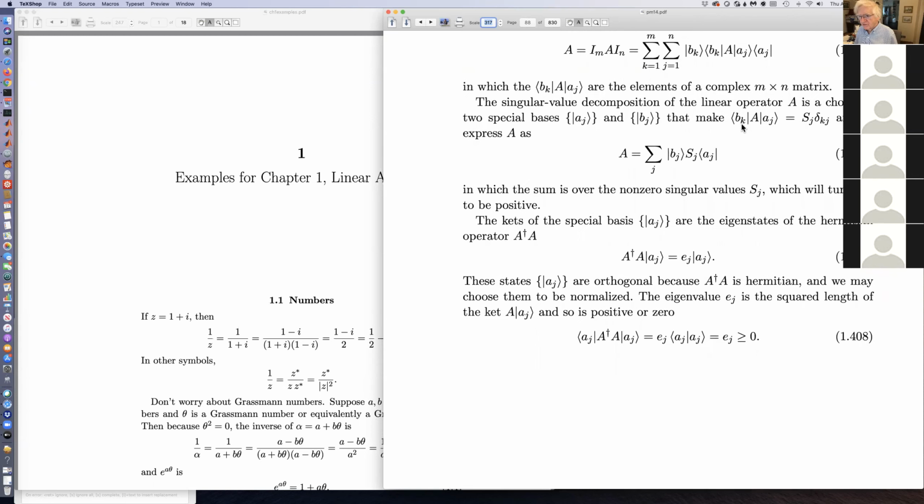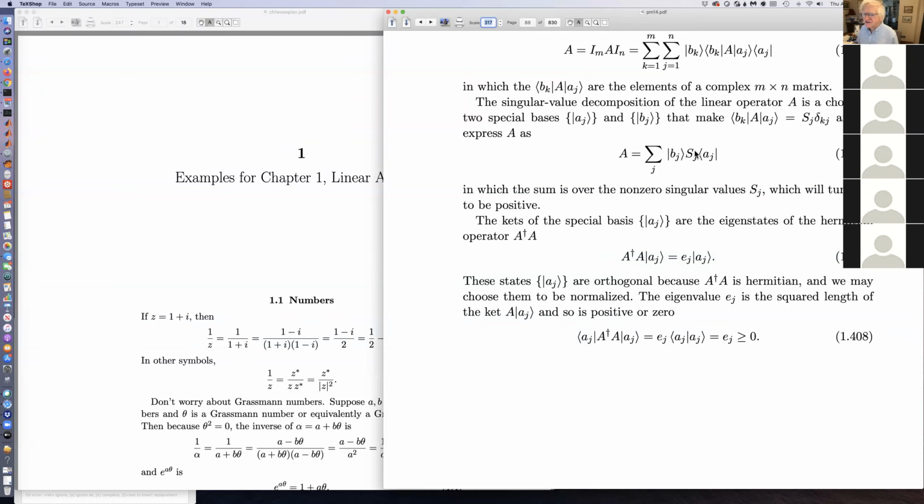And in that way, we can write A as kets for vectors in the target space, bras for vectors in the domain. These are kets in the range and bras in the domain, and then singular values.